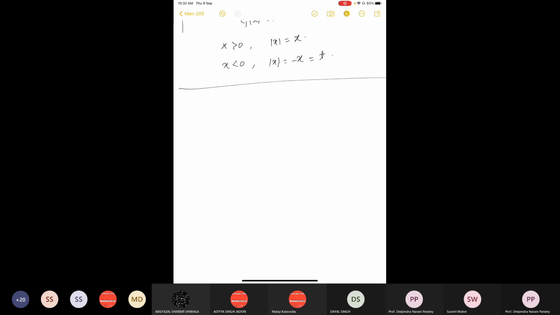So by the way, x to the power m, this I can write as e to the power m ln x. Is it okay? I will tell you why I'm writing this. So please remember this. Anyway, this I will discuss later. This is a very important thing.